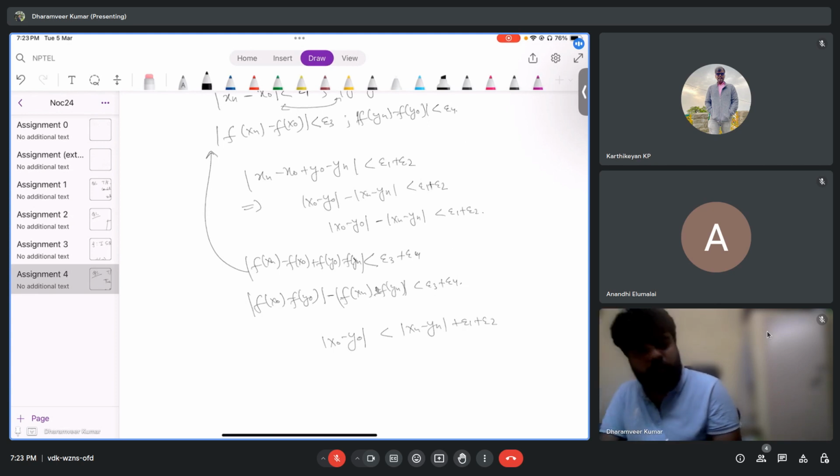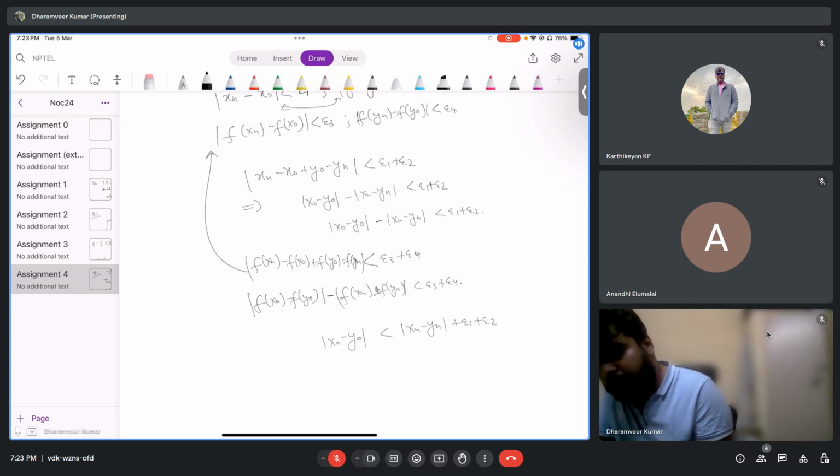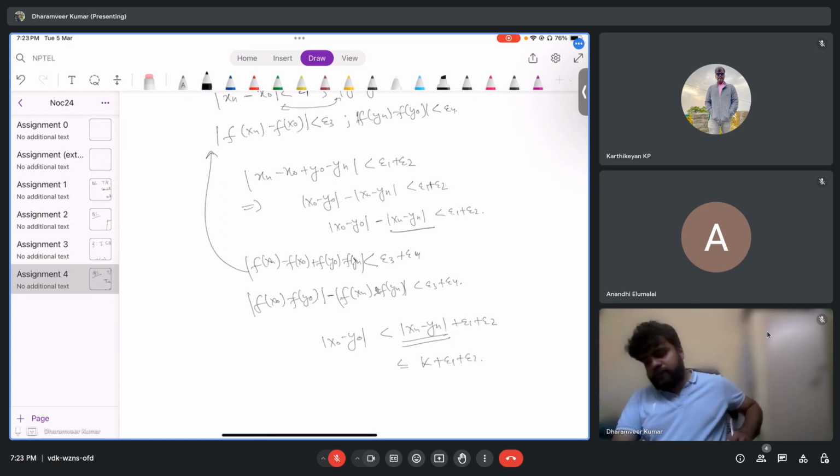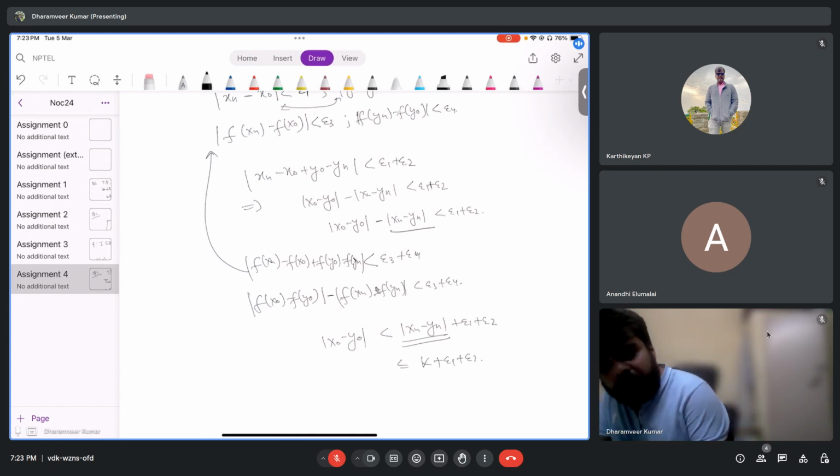Now the set is bounded because it's compact, right? So xn minus yn, no matter what they are, will be bounded by k plus epsilon 1 plus epsilon 2. Since it's compact, by the extreme value theorem, there exists a maximum and a minimum.